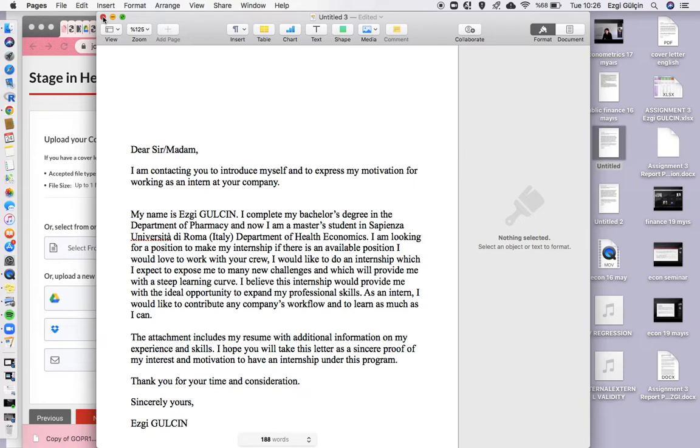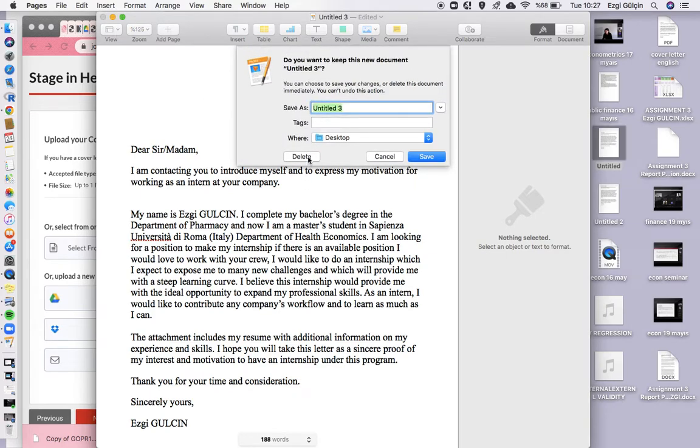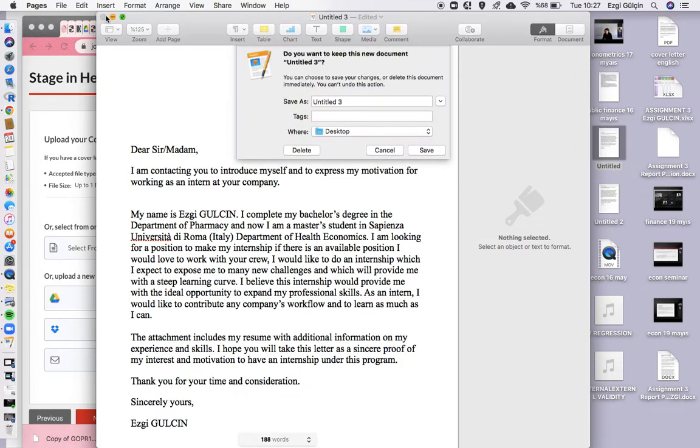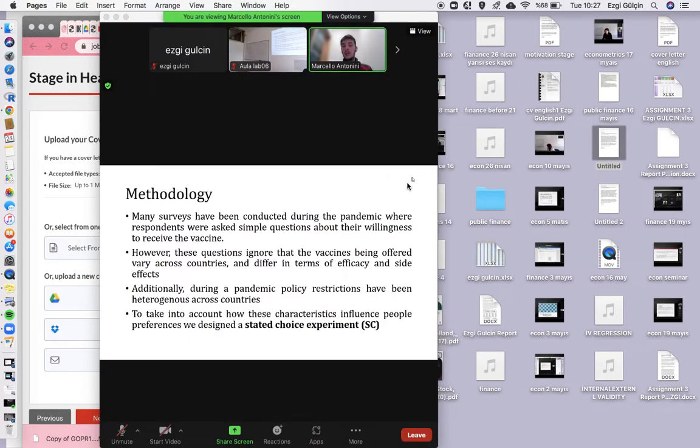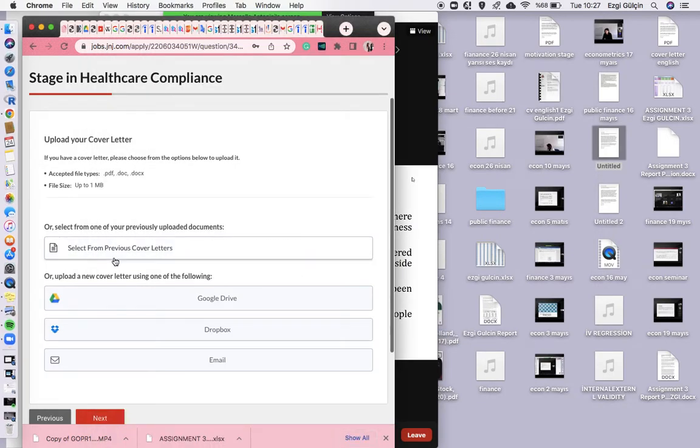For example, Italy had a quite stringent policy response compared to the US. These are all factors that might affect the willingness to get the vaccines, and that are not captured by simple questionnaire questions.